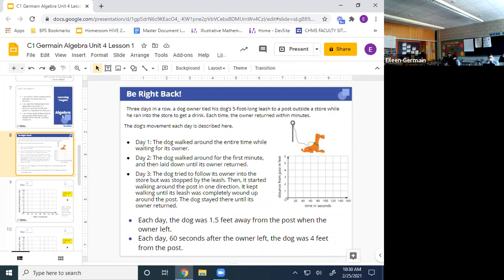Day 2, the dog walked around for the first minute, then laid down until its owner returned. Day 3, the dog tried to follow its owner into the store, but was stopped by the leash. Then it started walking around the post in one direction. It kept walking until its leash was completely wrapped up around the post. The dog stayed there until its owner returned.